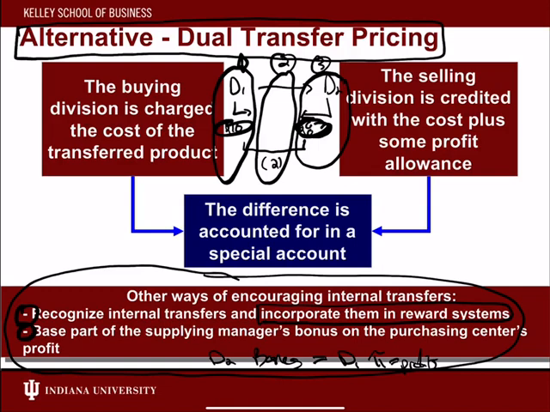So hopefully that makes sense, that we really always want to encourage transferring goods between our divisions, because overall that'll help our firm. One way we can do it is with these dual transfer prices, but it's probably not that reasonable for most firms.